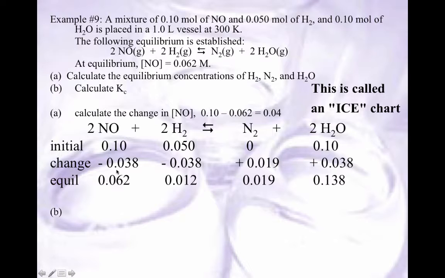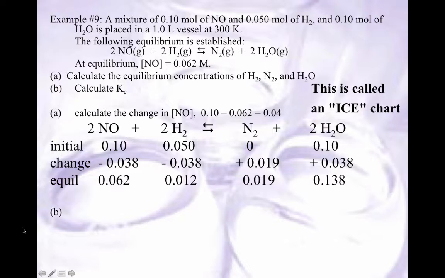So 0.1 minus 0.038, 0.05 minus 0.038, 0 plus 0.019, and 0.1 plus 0.038. Those are equilibrium concentrations. So that's the first step that we always have to do if you're not given equilibrium concentrations. You have to actually use an ICE table and solve for the equilibrium concentrations.